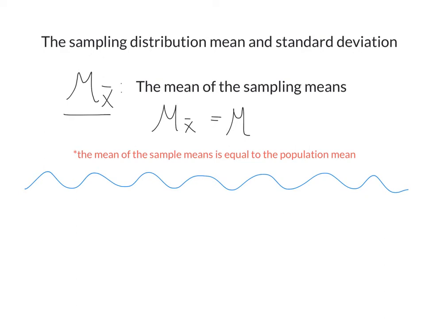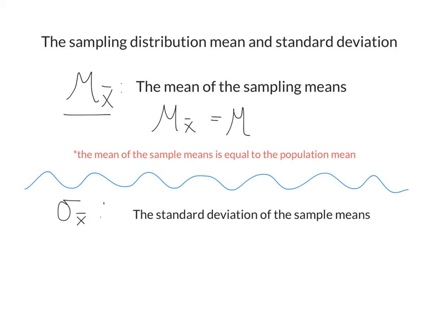So it's very easy to calculate: it is whatever the given population mean is. The next thing is the standard deviation of the sample means. The standard deviation of our sample means is equal to the population standard deviation divided by the square root of the sample size.